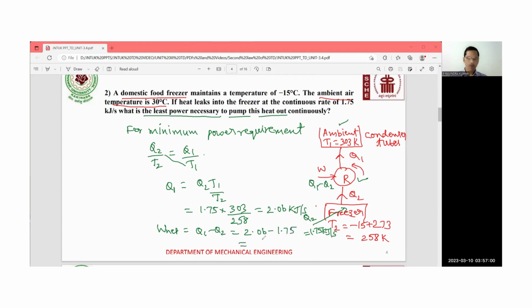It is 0.31 kilojoule per second, and you can call it 0.31 kilowatts. So this is the answer. What you have to observe from this case.